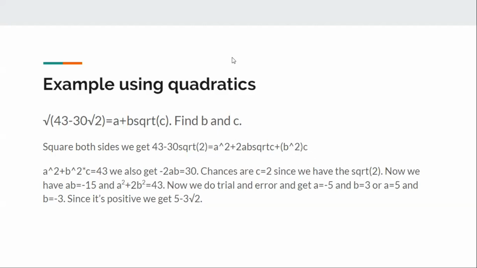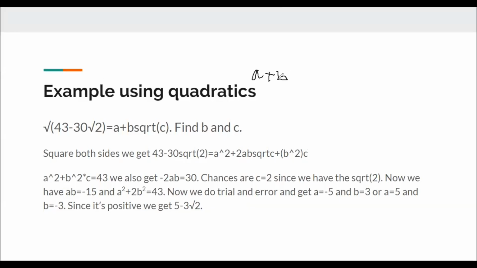As you know, a plus b squared is equal to a squared plus 2ab plus b squared, so you can use that to get this.